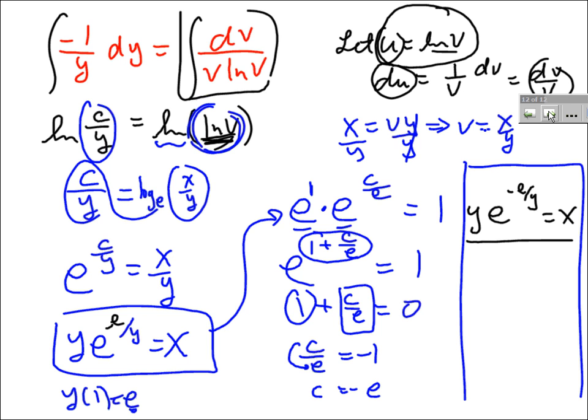That's the solution for the differential equation. Here, you will not be able to solve for y, at least not easily. I suspect you could for the simple reason that if I had said y was u x, I'm pretty sure we would have gotten y as some function of x.